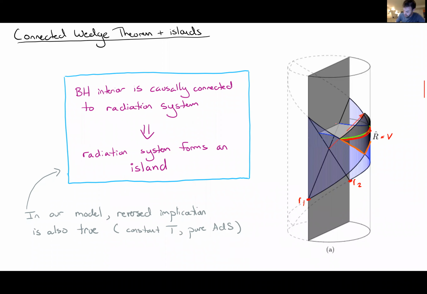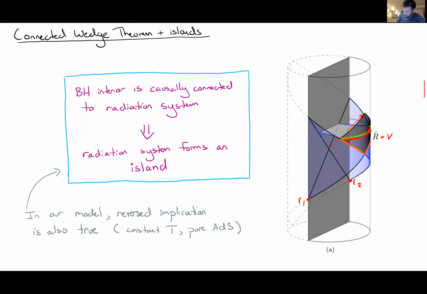So the causal condition in this theorem, phrased in black hole language, is that we're looking for cases where the black hole interior is causally connected to the radiation. So this is my radiation, and we're looking for causal curves that travel through the auxiliary geometry out to the radiation system.